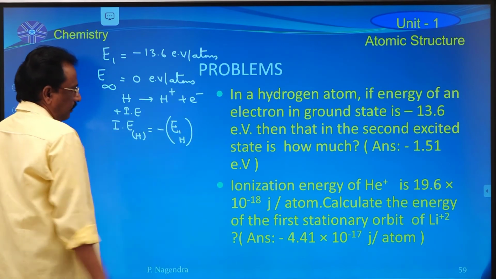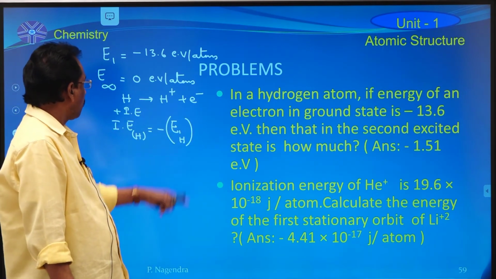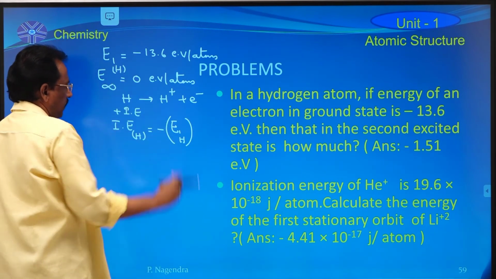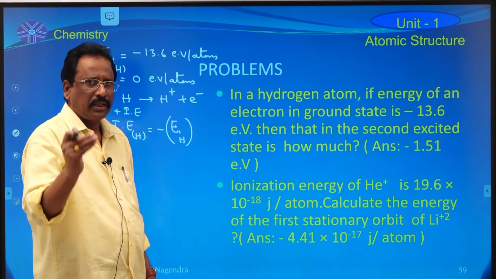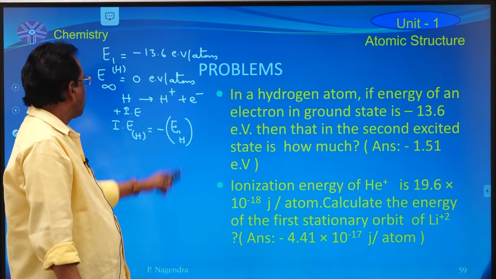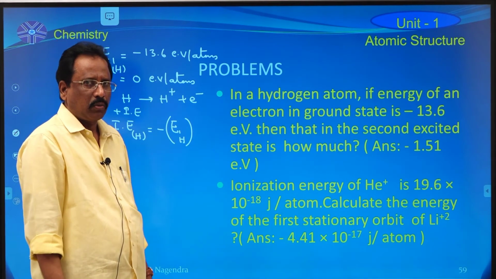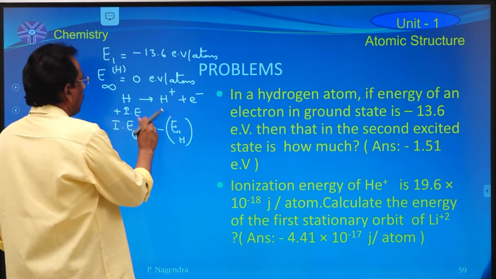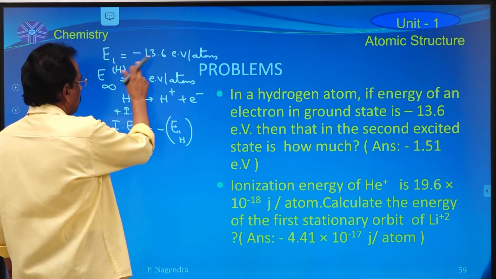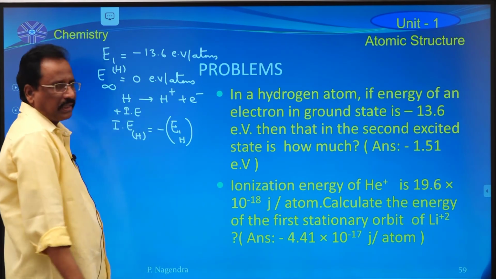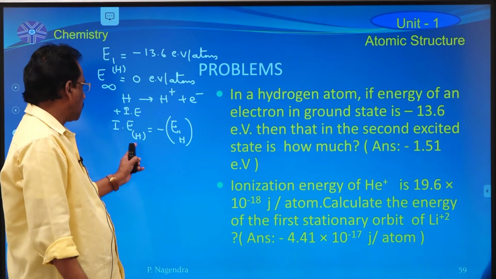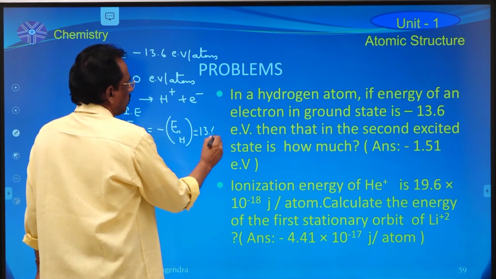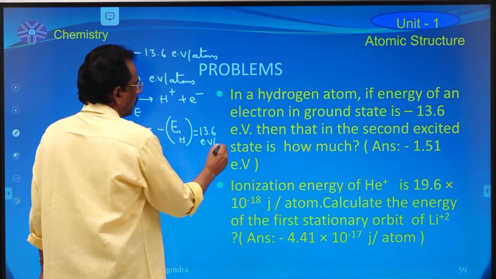E1 of hydrogen means the energy of the electron in K orbit, which is equal to minus 13.6 electron volt per atom. So minus E1 is minus into minus 13.6 electron volt per atom. That means the ionization energy of hydrogen is equal to 13.6 electron volt per atom.